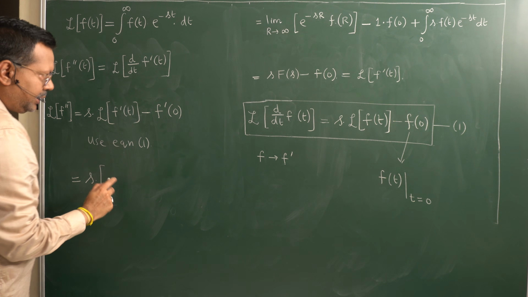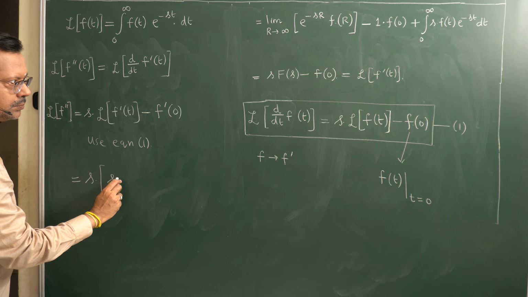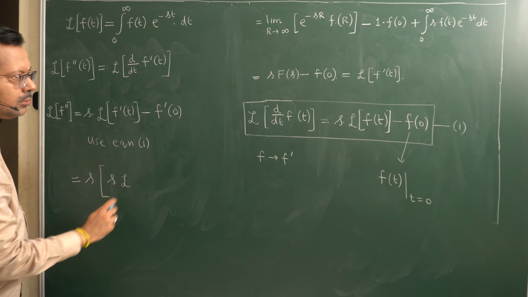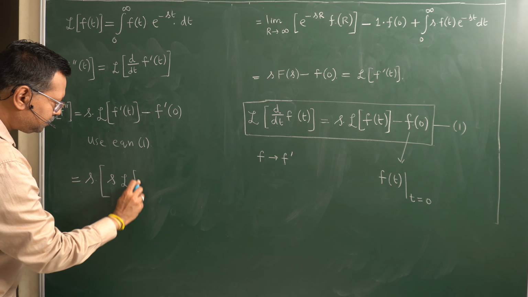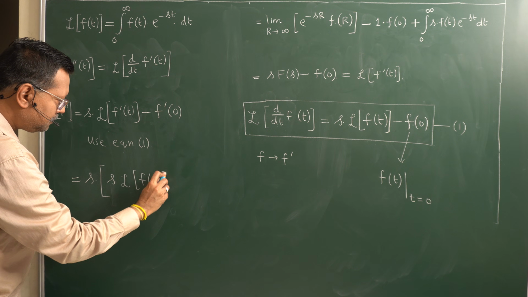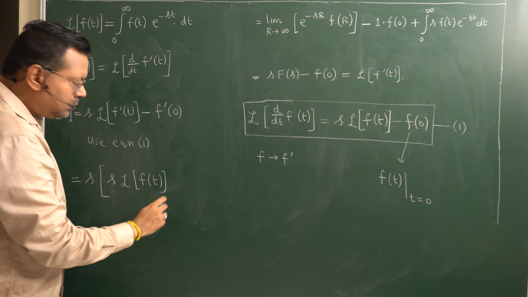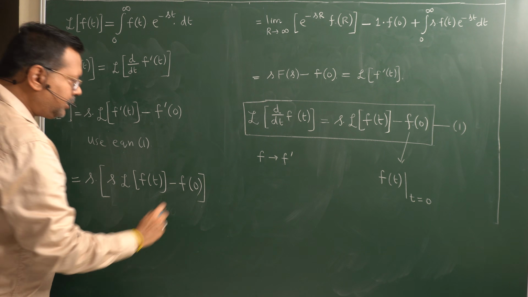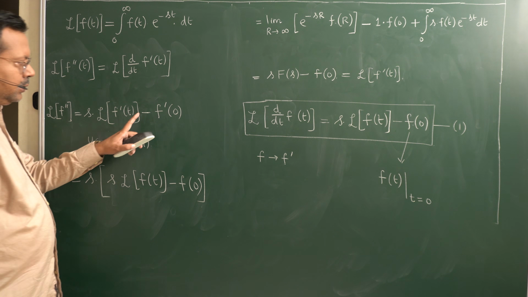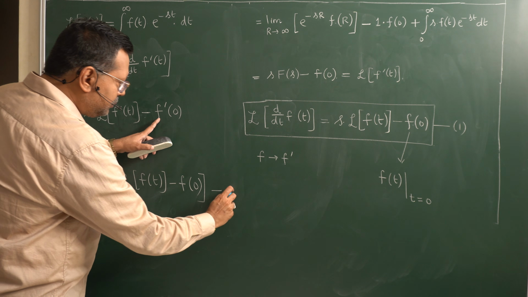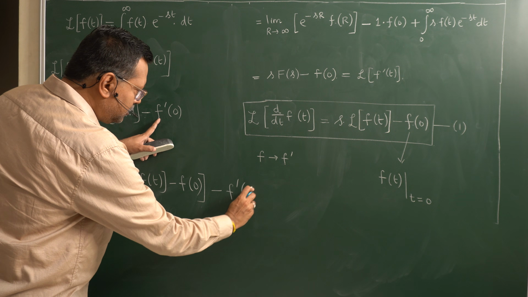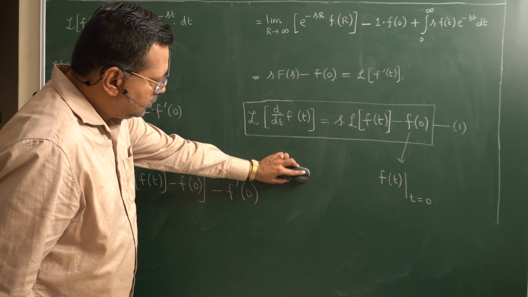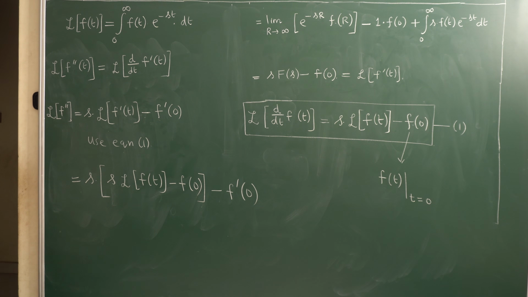You write down here, s into the Laplace transform of f of t minus f of 0, and then close bracket for that. Then you have a minus f prime of 0, and that's all. So we have now substituted.